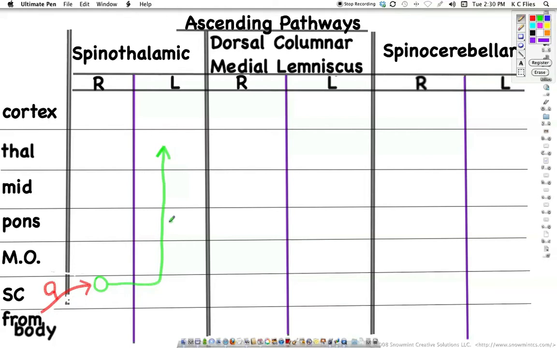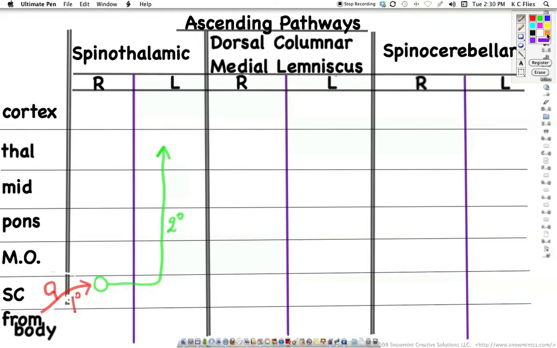So this is our second order neuron. Notice that that is an interneuron. On the other hand, our first order neuron is a sensory neuron.